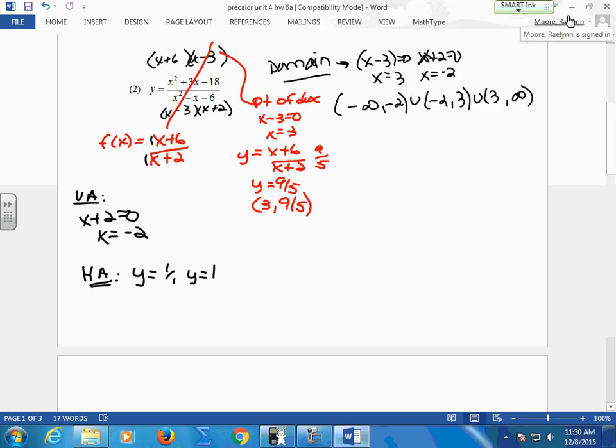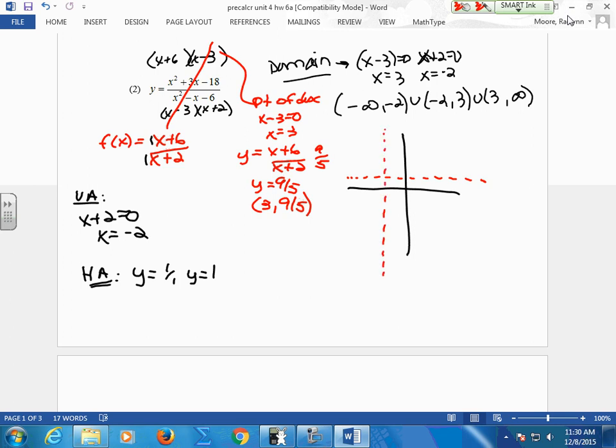So let's write your asymptotes down, so that we can fit this in. So I have a y equals 1, and you know what? Put y equals 1 in your y2, and you'll see it makes a big difference. And x equals negative 2. So I clearly saw that I went like this, and I clearly saw that I went like this, but I noticed at the 3, sorry, I had a little open point.